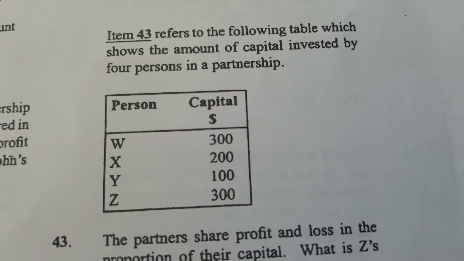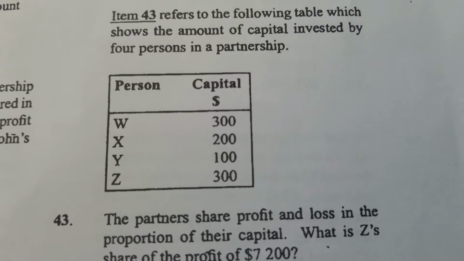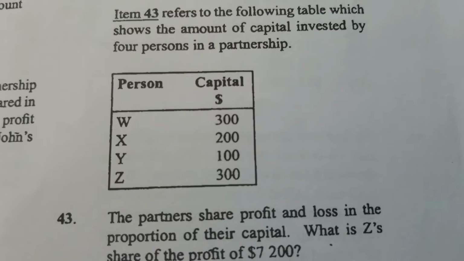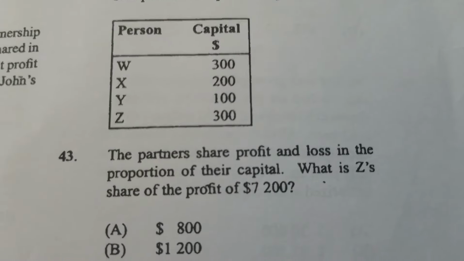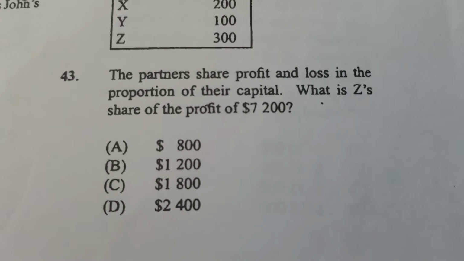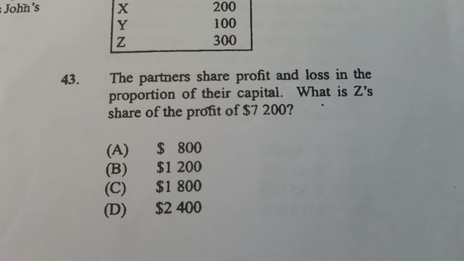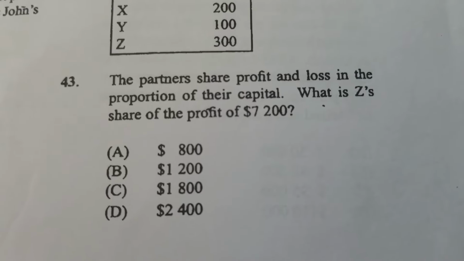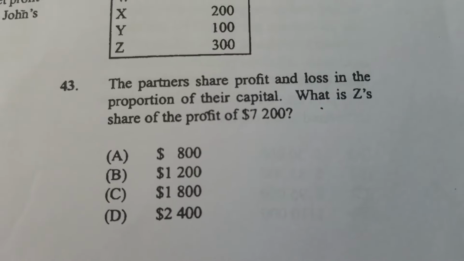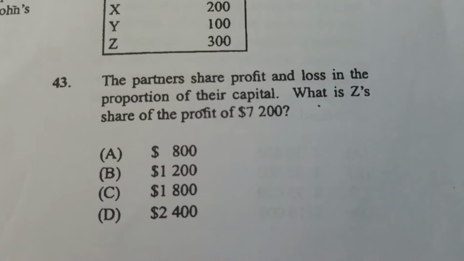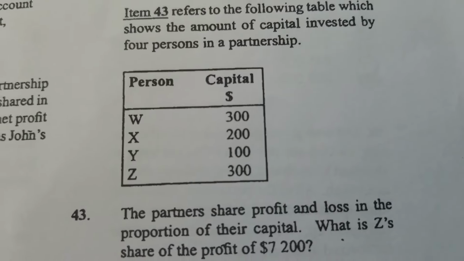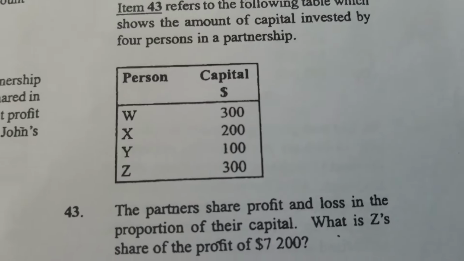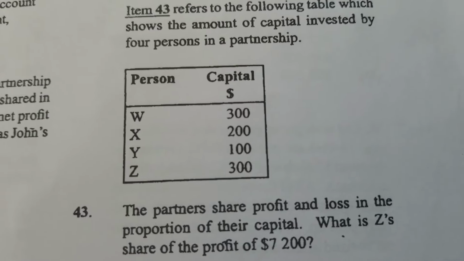Question 43 shows an amount of capital invested by 4 persons in a partnership. And they are W, X, Y, Z. Now, the question asked of us is the partners share profit and losses in the proportion of their capital. What is Z's share of the profit of 7,200? How do we do that? All right, we are going to be taking the third digits because there's a commonality.